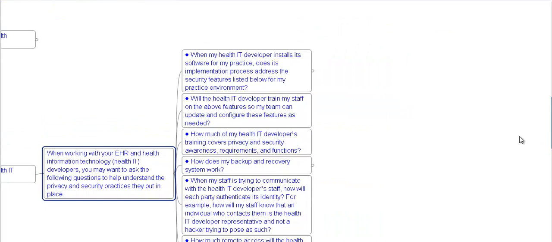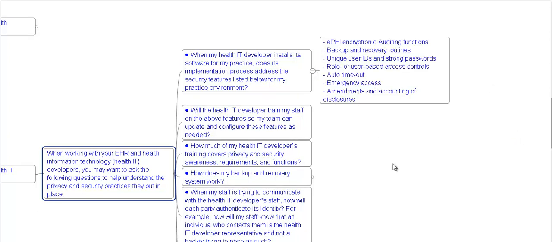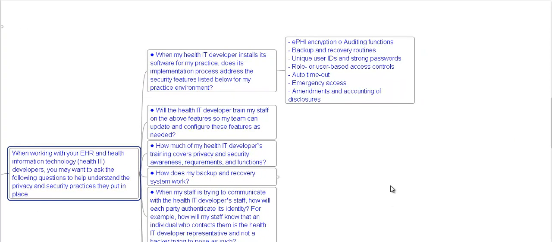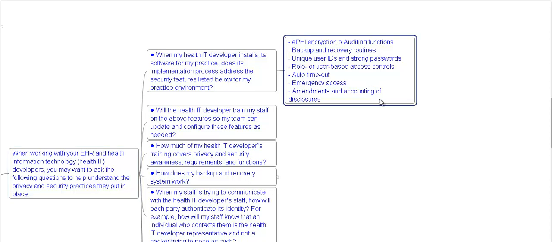When my health IT developer installs its software for my practice, does its implementation process address the security features listed for my practice environment? ePHI encryption, auditing functions, backup and recovery routines, unique user ID and strong password, role or user-based access control, auto timeout, emergency access, amendment and accounting of disclosures.